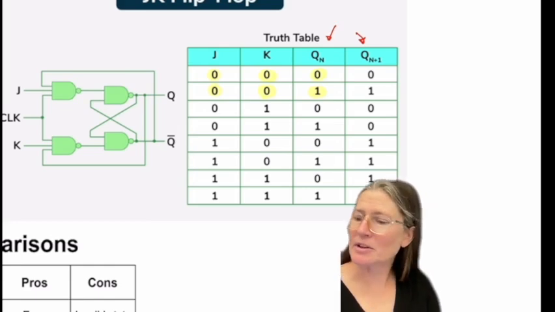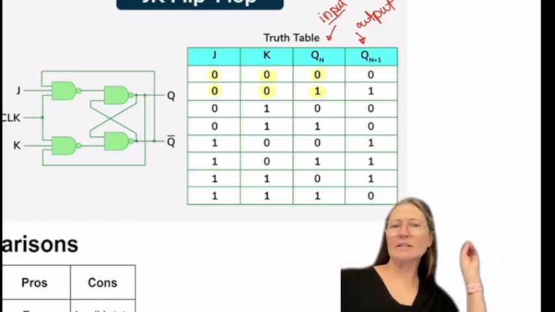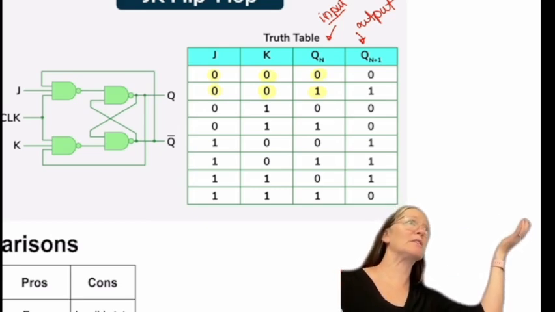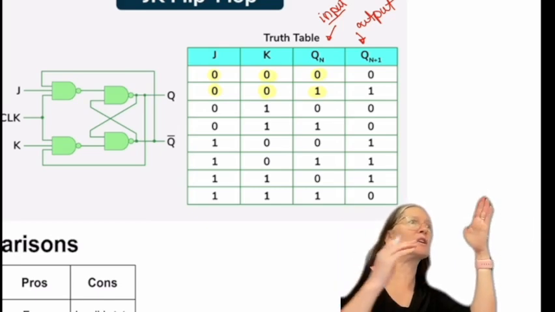That might be easier to think about this. So think about this as your output, and this is actually as an input. This is that previous state. It depends on that, unlike what we looked at with the D flip-flop, but it doesn't depend on what that last state was. It just depends on what is coming in the clock.